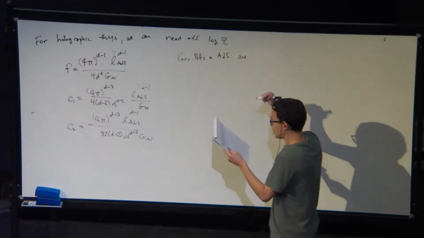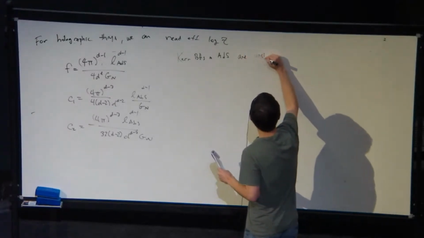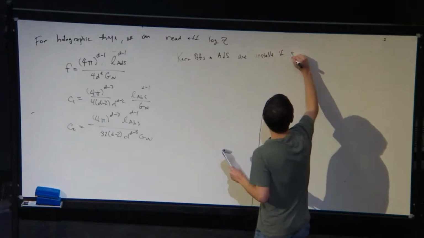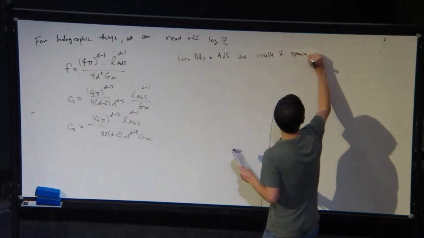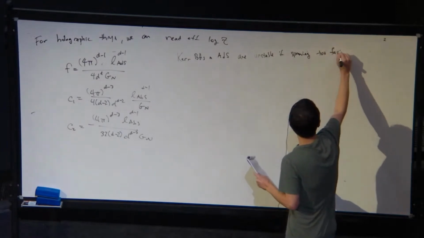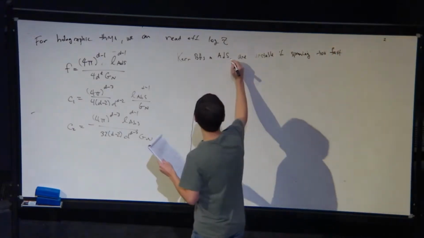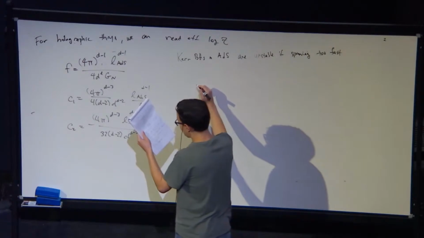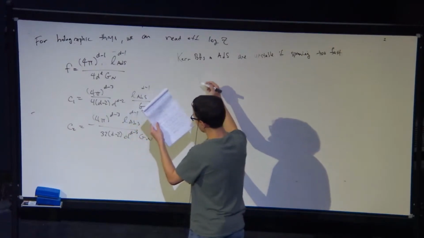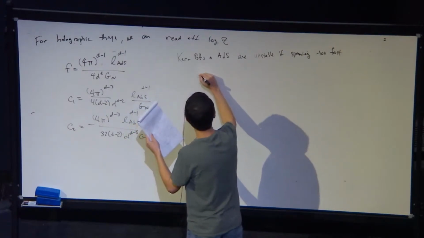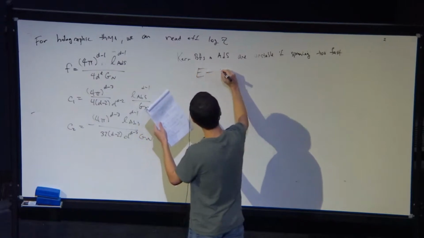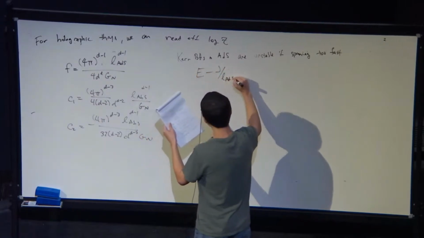It's sometimes called the superradiance instability. This is for AdS4 or bigger. And this was actually only worked out maybe 20 years ago. But the condition is given by the following.